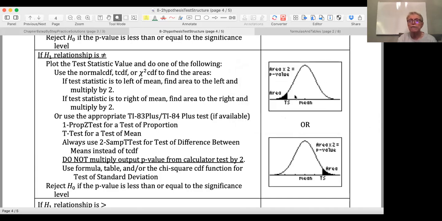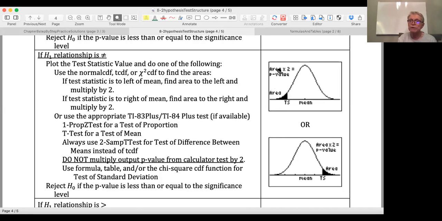And so wherever the test statistic is, if it's on the left, we'll find the area underneath the curve to the left, farther from the mean than the test statistic, and we'll multiply that by 2 to get the p-value. If it's two-tailed, you plot the test statistic, you find the area farther away from the mean, and that is not the p-value.